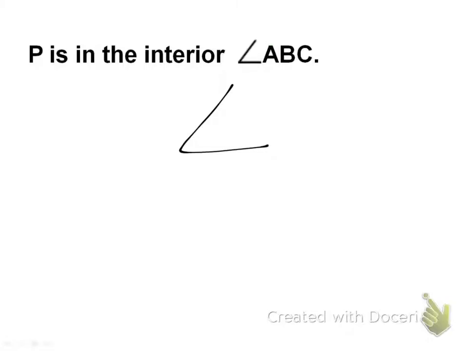If we sketch an angle, we know that B is the vertex, and we put A and C on the direction of the rays. And we know that P is in the interior, so that means we have to put the point somewhere in between the rays. So it could be right there, P.